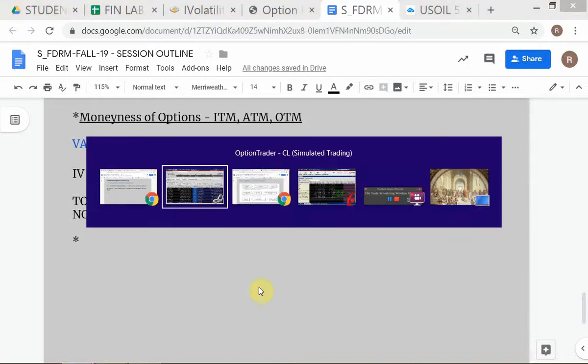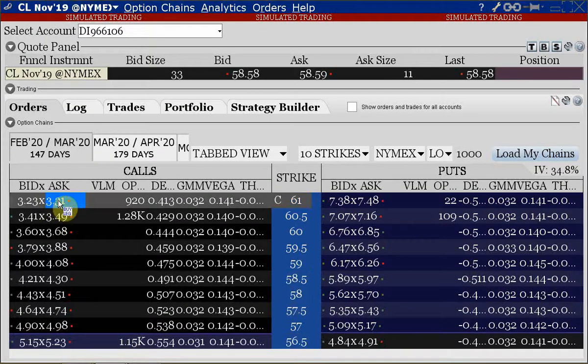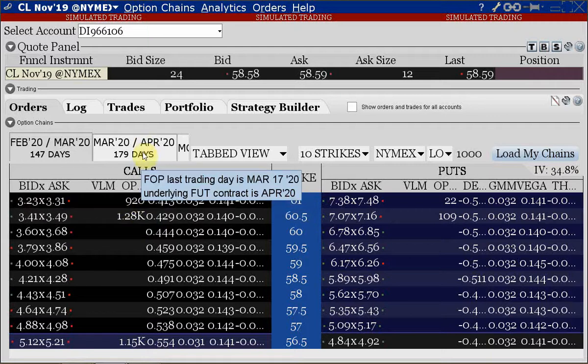When you look at out of the money options, you can see one interesting thing. Strictly speaking, this 61 call, and these are all real market prices, should have no value, because by exercising it nobody makes any money. But the reason it has value is called time value, because this option has 180 days, approximately 6 months to maturity.